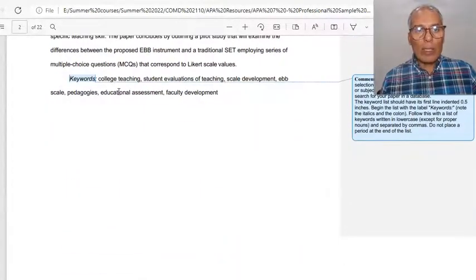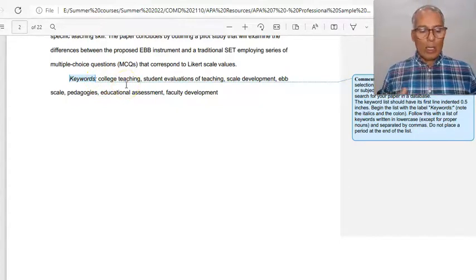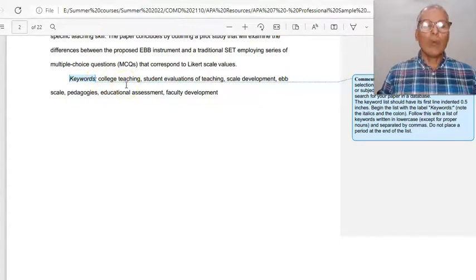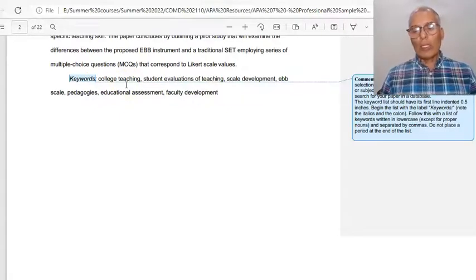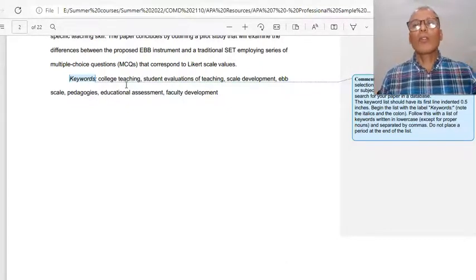So then an abstract could have keywords. When you are going to design keywords, think of yourself. Let's say you are going to search a topic on, for example, the relationship between wearing polyester versus cotton, the effect of this on the skin.